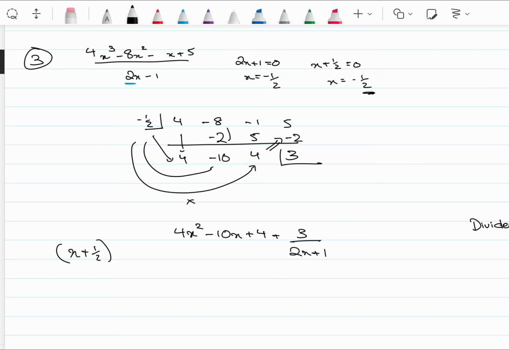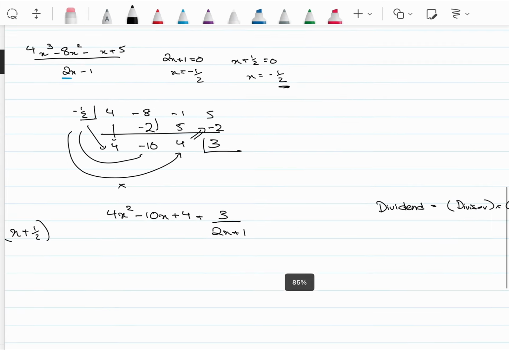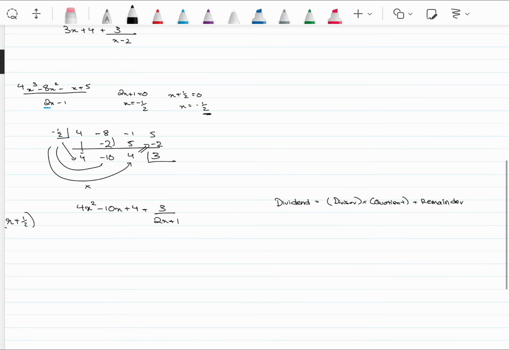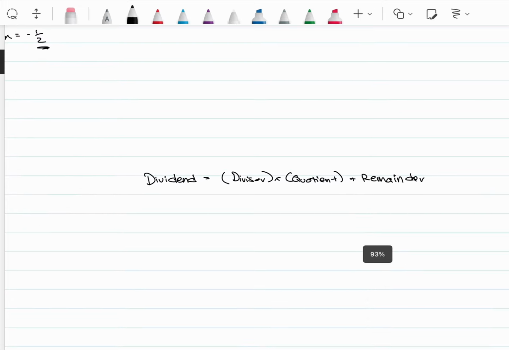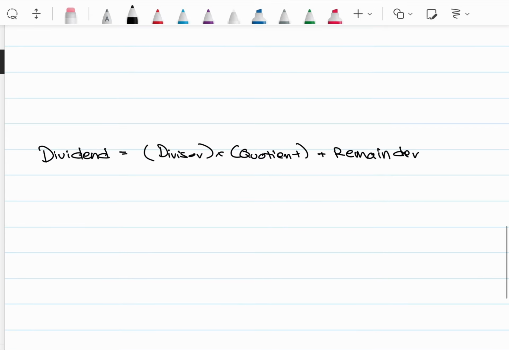Okay, this would be your answer if you were dividing by x plus half. But here, the coefficient of x is 2. Now, what does that actually do? Like I said before, synthetic division is only really built for x minus a, right? So here, what we'll imagine is, okay, this is your factor theorem, where the dividend is equal to the divisor multiplied by the quotient plus the remainder.